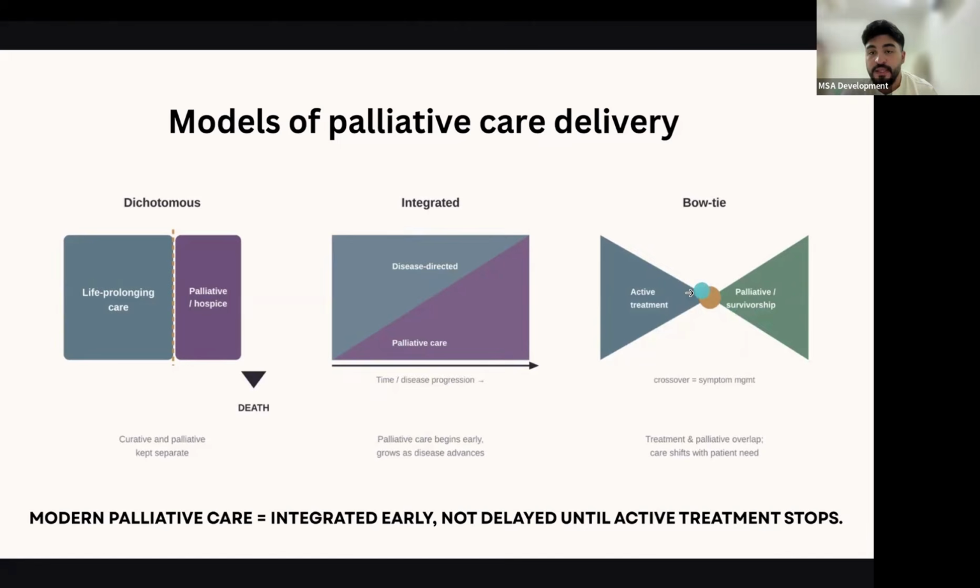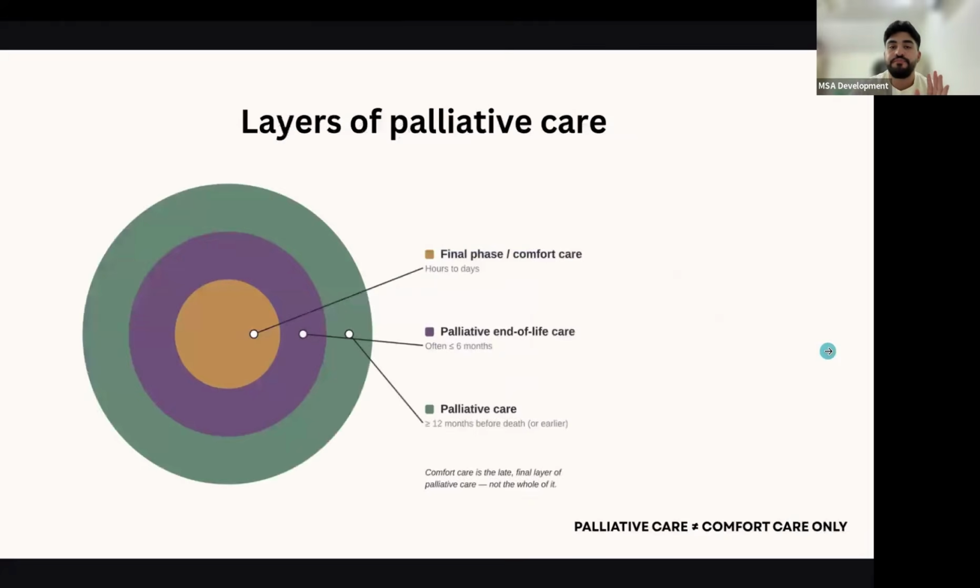The bow tie delivery is where the treatment and the palliative care both overlap. And when they cross over, you're basically more involved in symptom management. And the care here is going to shift according to the patient's need. So modern palliative care is more towards integrated, early, not delayed until active treatment stops.